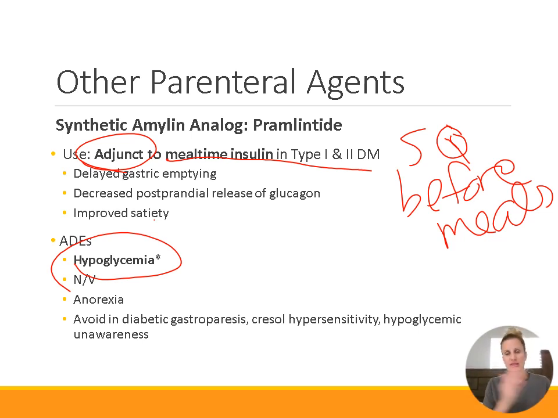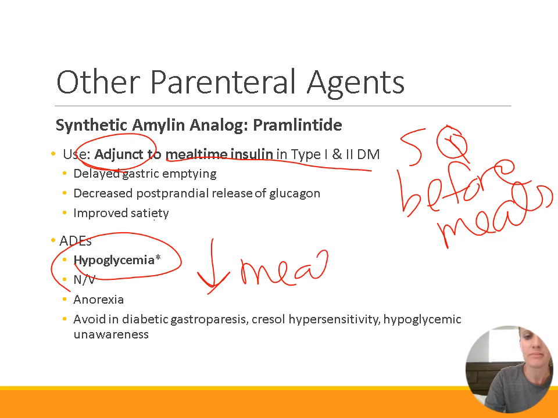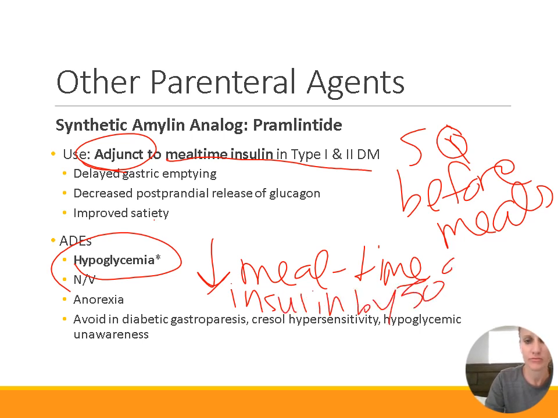So if this is going to be added on to insulin, we decrease the mealtime insulin by 50%. Basal insulin stays the same, but mealtime insulin would be decreased by 50% to help avoid severe hypoglycemia.